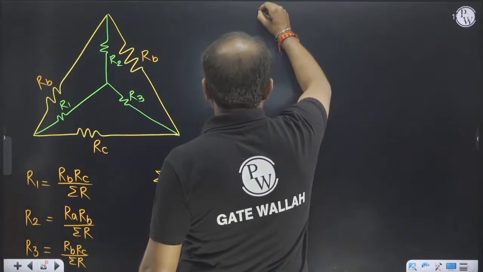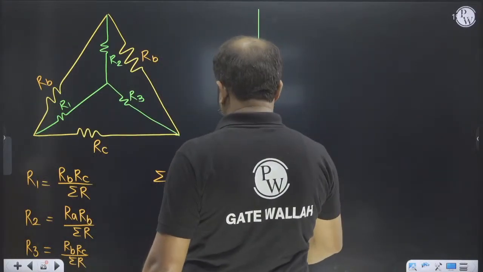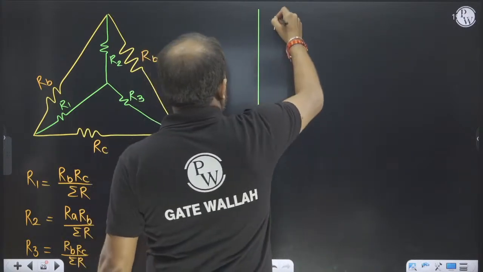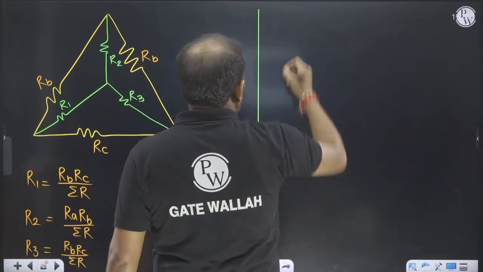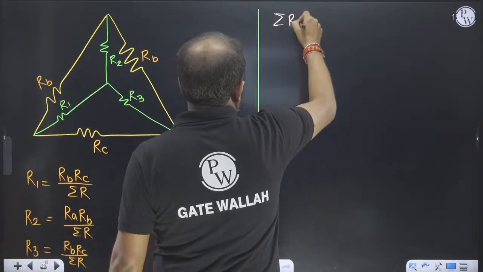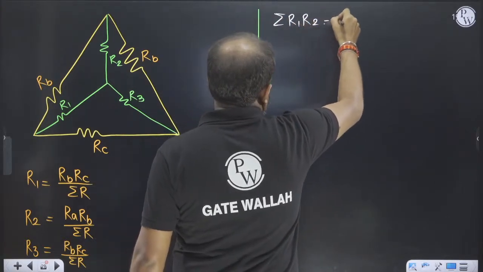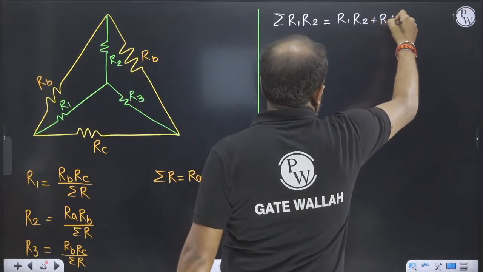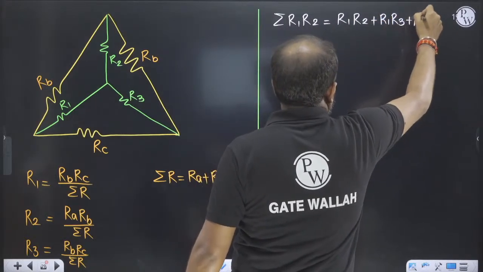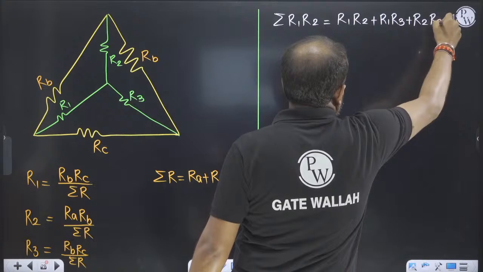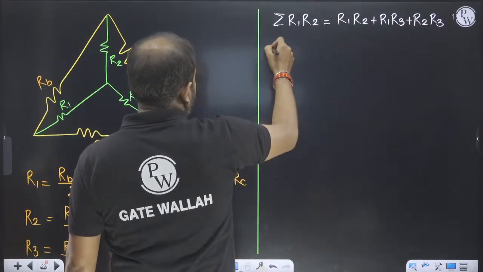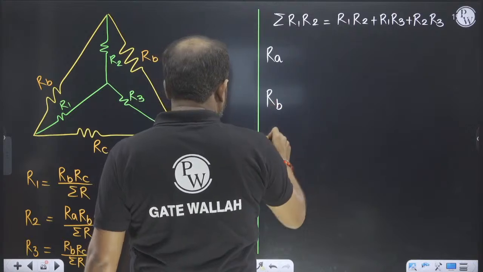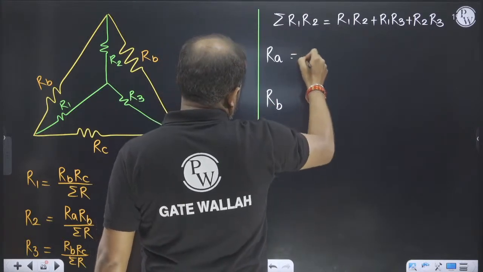Next point is how to calculate RA RB RC. So summation of R1 R2 is what? R1 R2, R1 R3 and R2 R3. This is the meaning of this one. Then RA is equal to, RB is equal to, and RC is equal to.